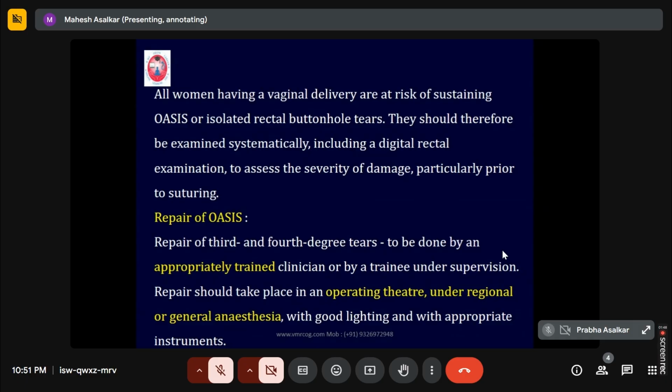Sometimes they may ask you a simple question: the patient has delivered, and on examination it is found that there is a third degree or fourth degree tear. Then the next step will be to shift to the operation theater, though there may be an option to suture in the labor ward. The operation theater under regional or general anesthesia is the place, along with good lighting, appropriate instruments, and a trained person who is trained in treating these tears.